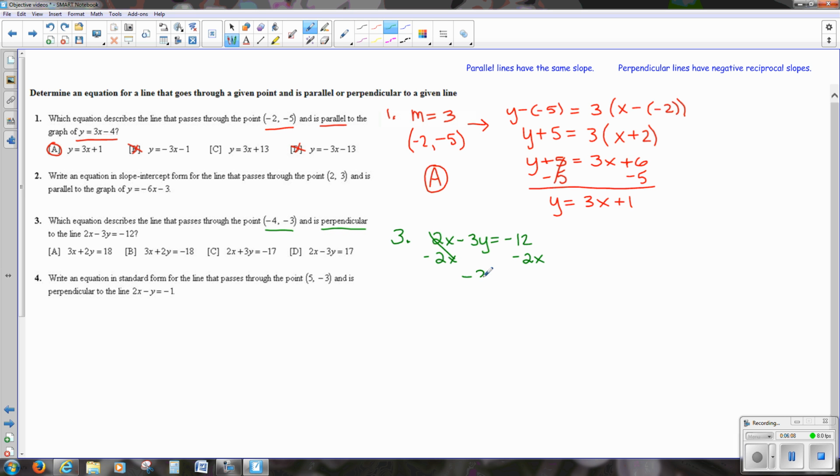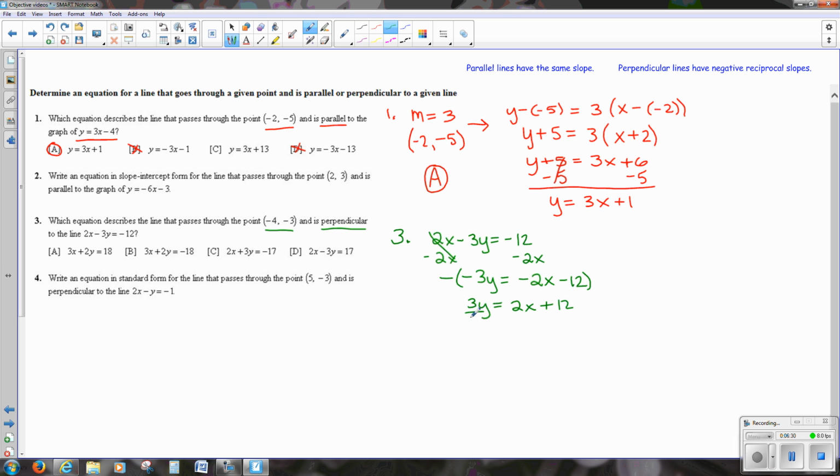It gives us negative 3y equals negative 2x minus 12. I'm going to multiply everything by a negative here to get rid of all that negativity. So we get 3y equals 2x plus 12.